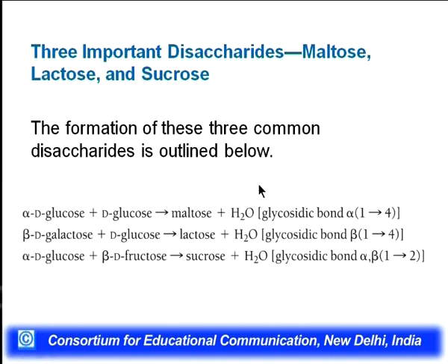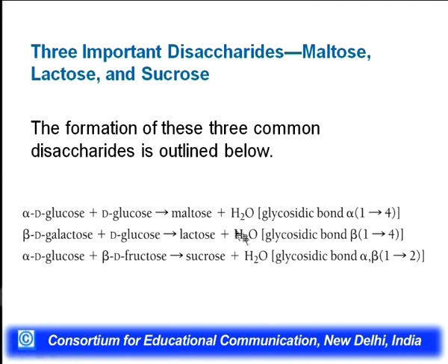The glycosidic bond here, and we have to remember this, is alpha, that is, the configuration at the anomeric carbon is alpha, and the C1 carbon is linked to the C4 carbon of the second monosaccharide, which is acting as an alcohol, by a glycosidic linkage through ether linkage, that is through O.